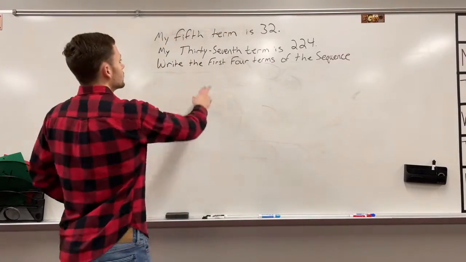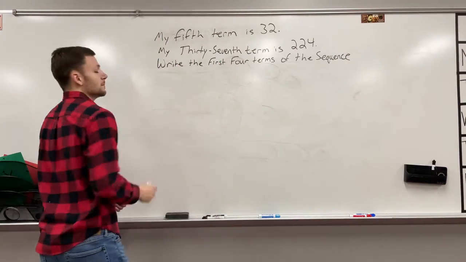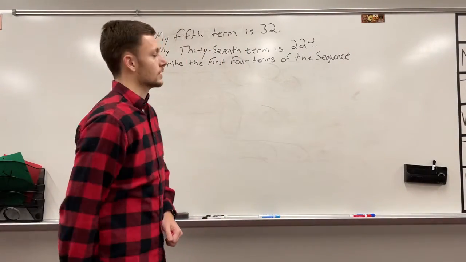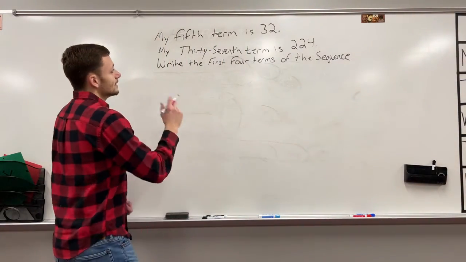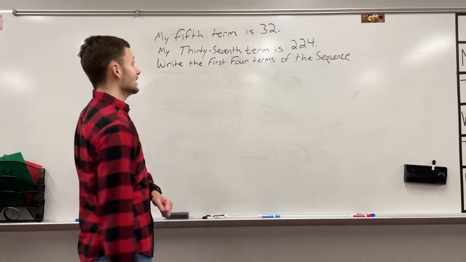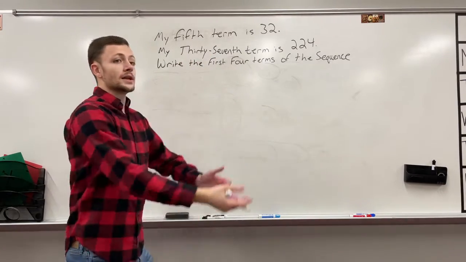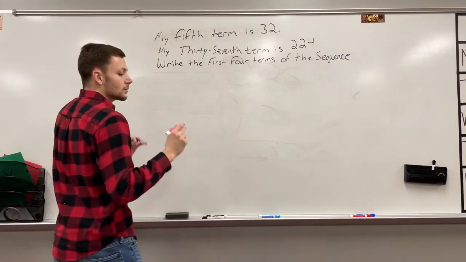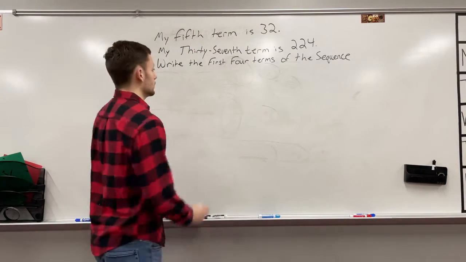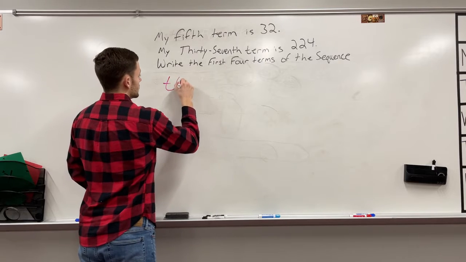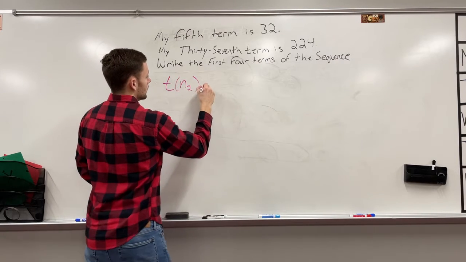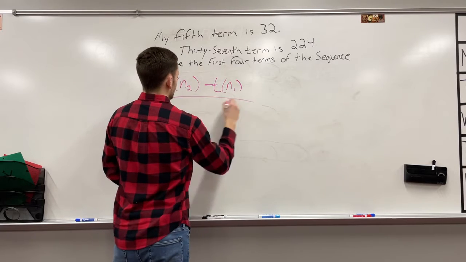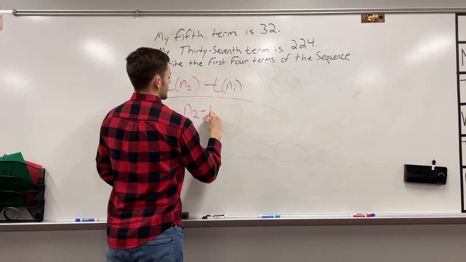But when we were given two terms that were far apart, rather than being able to do t of 6 minus t of 5, again, sixth term minus fifth term, I've got to do t of 37 minus t of 5, and then divide it by the number of terms that have passed in between. So the general formula that we would use for that is t of n2 minus t of n1 over n2 minus n1.